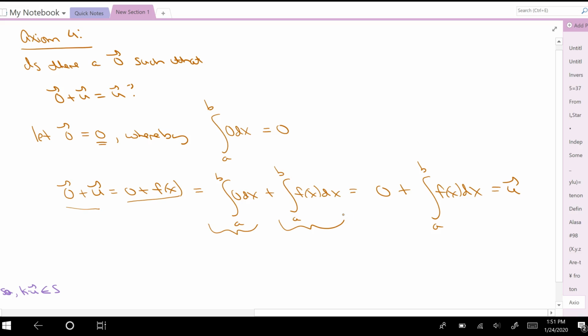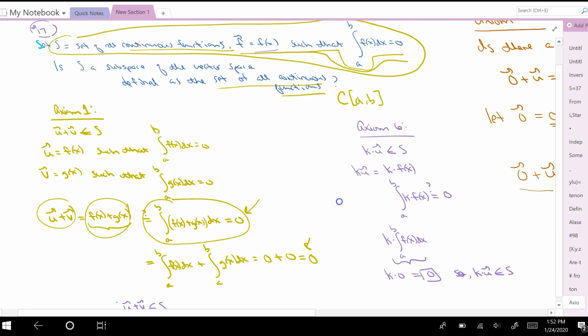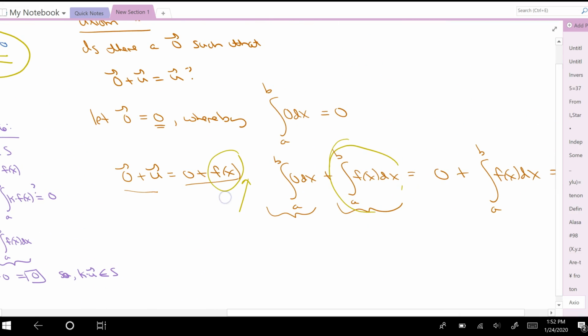Now again, please don't be literal and say that I am calling f of x this, okay? I'm just saying 0 plus f of x, and I can even say whereby. How about that? All right. Because I used the word whereby here, or such that, right?